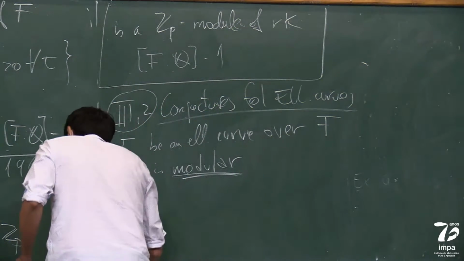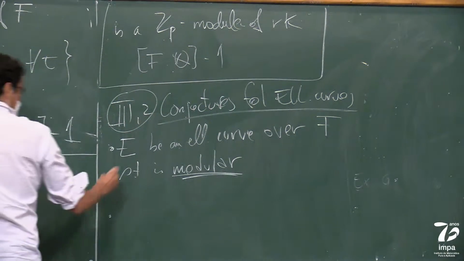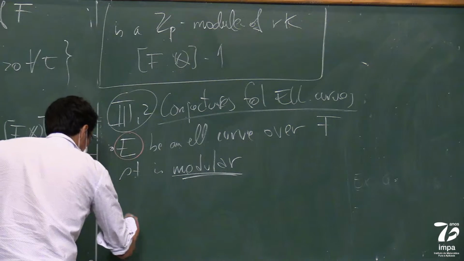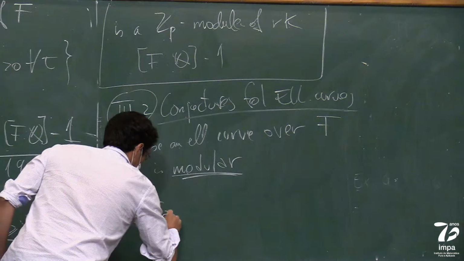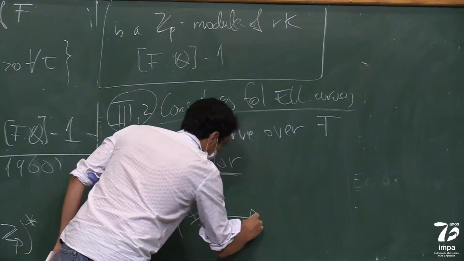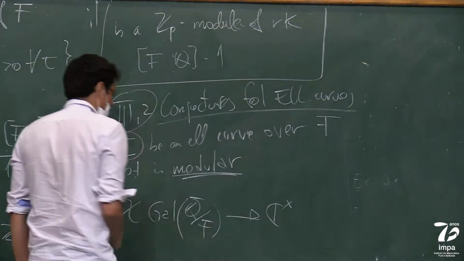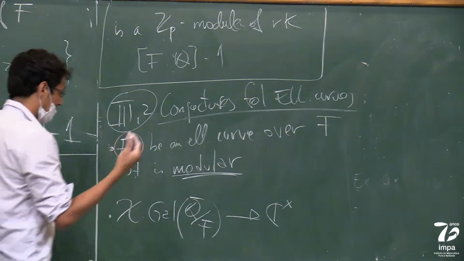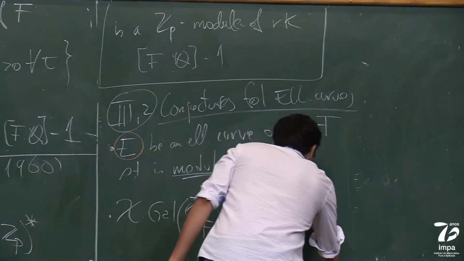Okay, so you fix this elliptic curve, and you fix a character of the Galois group involved. Now it's not the Galois group over Q, but the Galois group over F. So you take a character of finite order.